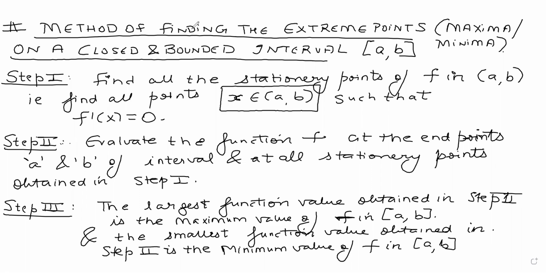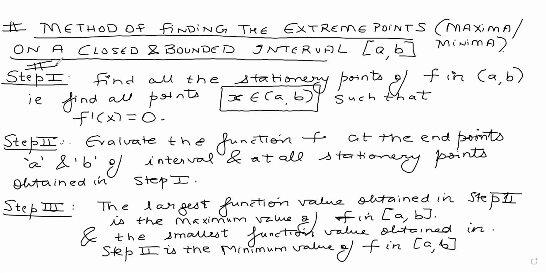So guys, I am revising all these steps with you again. What is the objective? The objective is to find the point of extrema. When I say extrema, it means either a maxima or a minima. So we need to find the point of extrema in a closed bounded interval a to b. Step 1: we find all the stationary points of f.